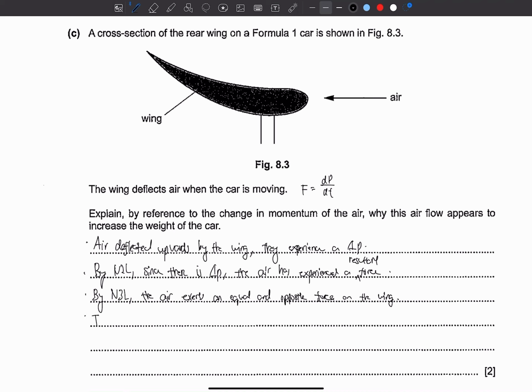So this force adds to the weight of the car and there is a greater contact force between the tire and the ground.